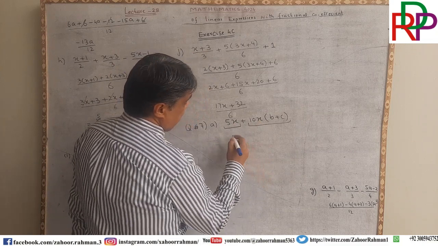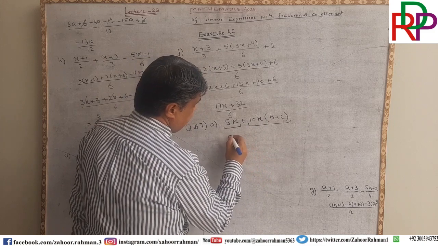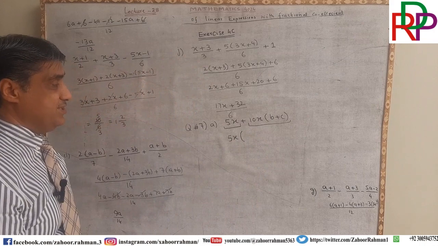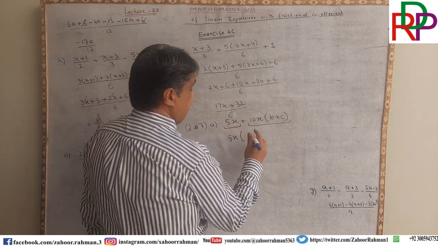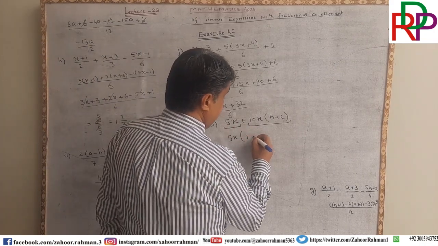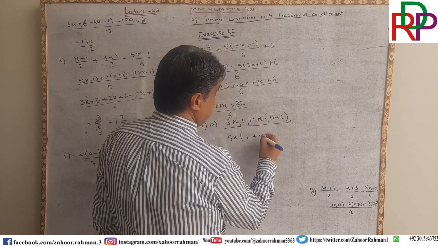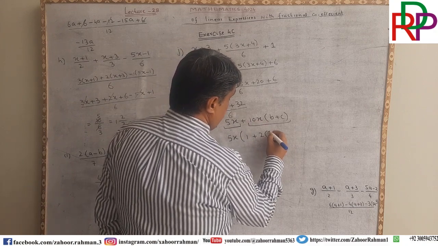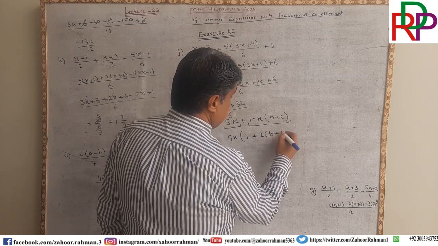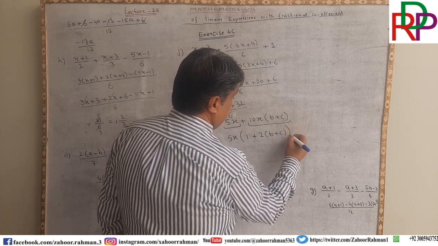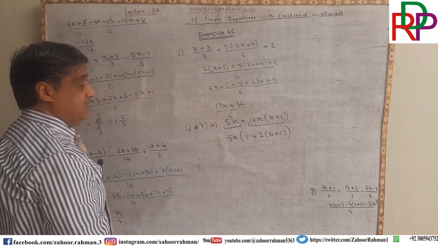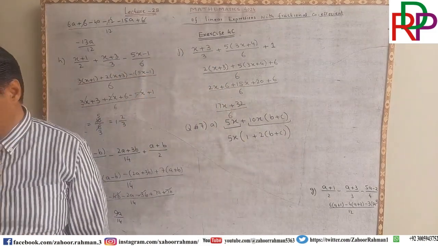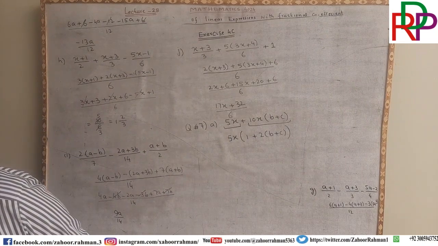So we have to take 5x as a common factor from these two expressions. So it will remain 1 here, and here it will be 2 into b plus c, because when we take 5x as common, it will give you this.